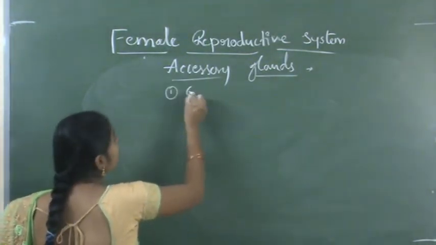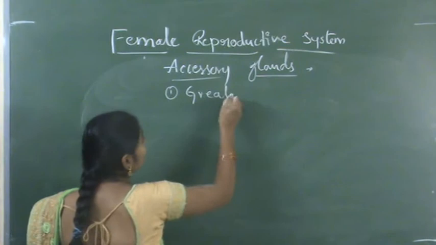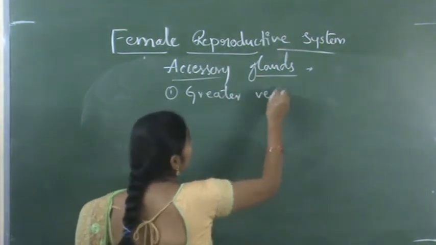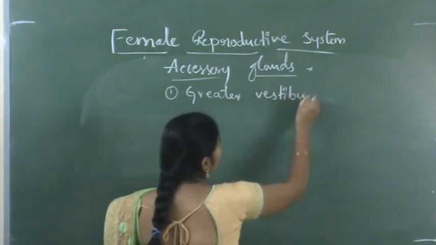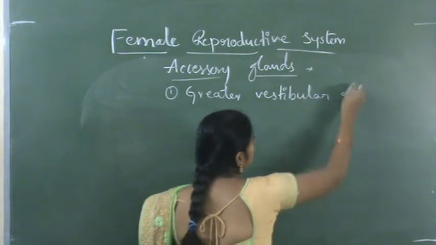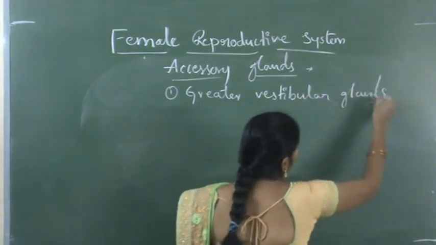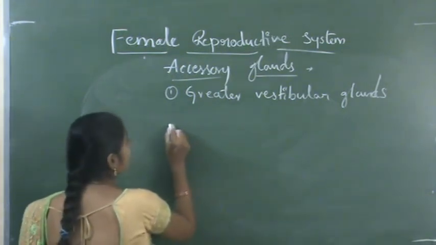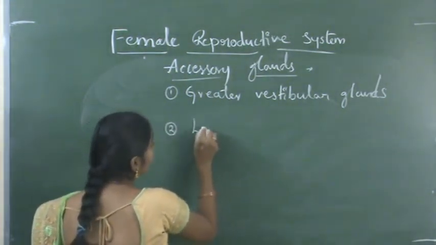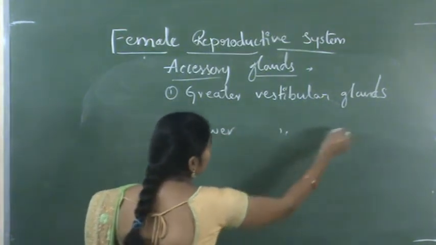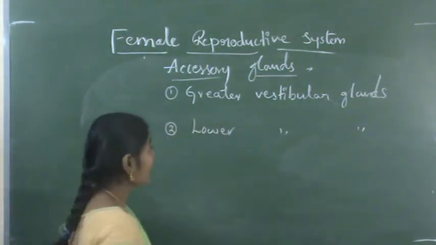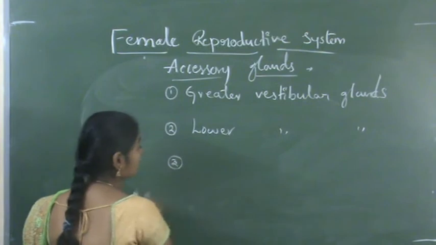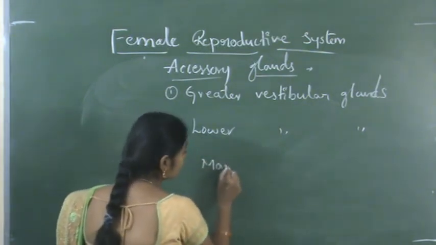The first is the greater vestibular glands, then the lesser vestibular glands, and a pair of mammary glands.